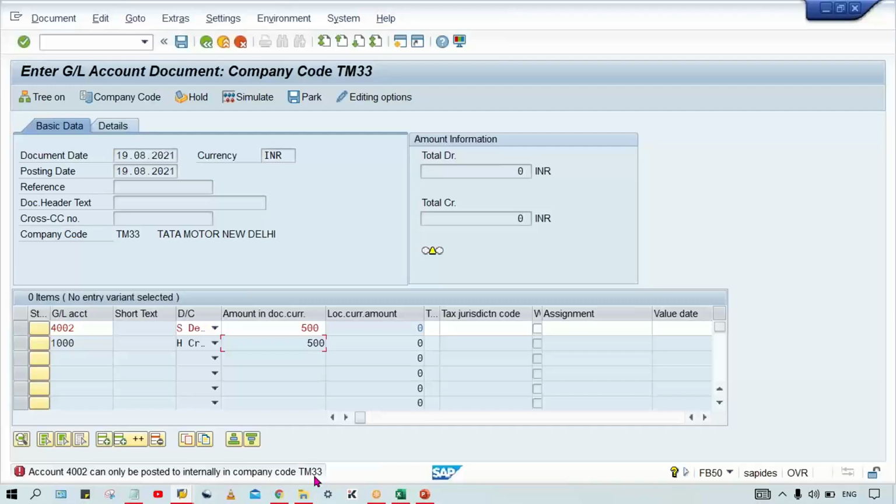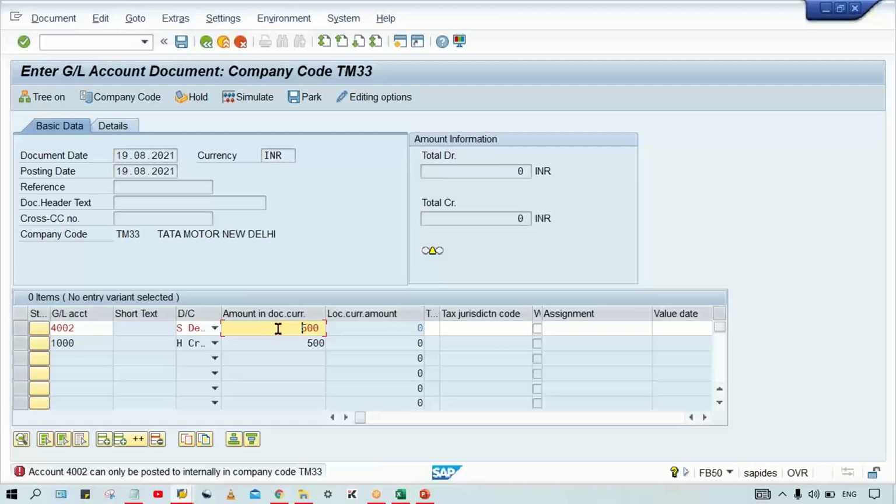This GL is going to be derived by SAP automatically. And I'll show you guys, don't worry. Once I complete the cash journal related configurations and perform the testing, I will show you. So this GL cannot be used for manual posting.